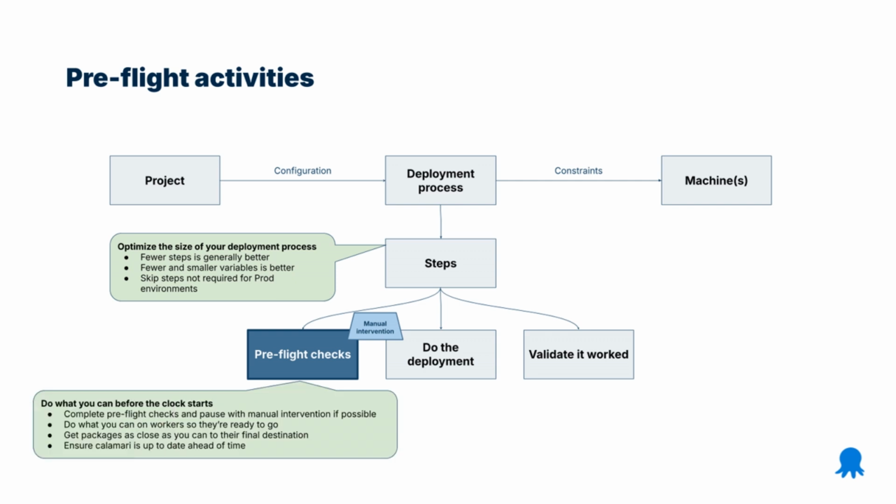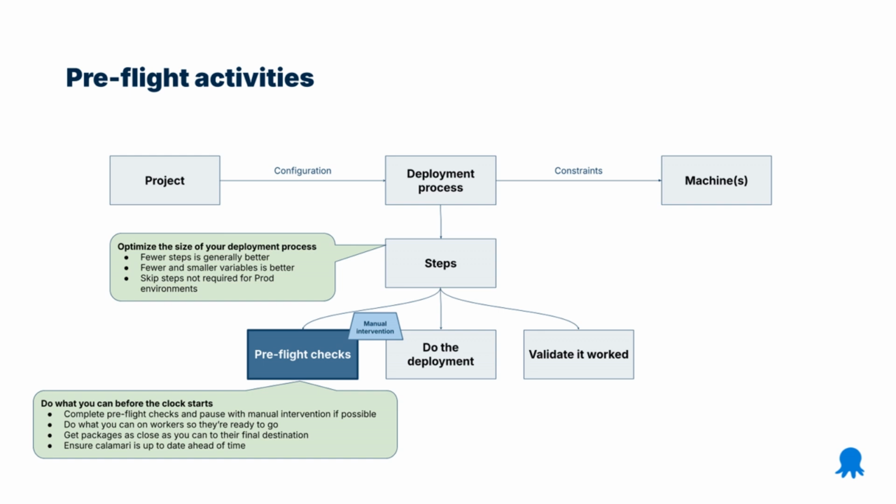When it comes to pre-flight checks, do what you can on workers so that they're ready to go. Whether they're dynamic or self-hosted, you want them warmed up, ready to go. If they need to acquire packages, acquire those packages.